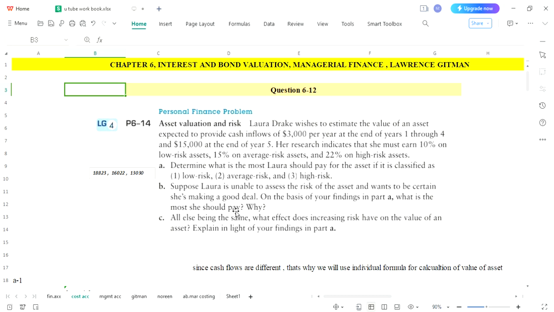So if you have the option to pay 18,000, 16,000 and 13,000, and you do know that there is a risk in this investment, what would be your decision, to pay more amount or less amount? When you are putting an amount in the risky business and you have the option to pay 13,000 instead of 16 and 18, you obviously would be choosing 13,000.